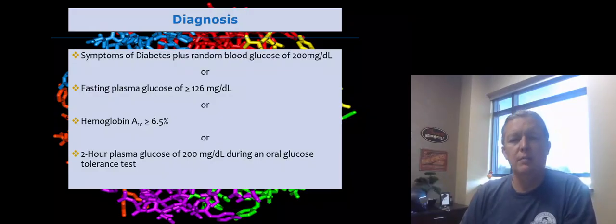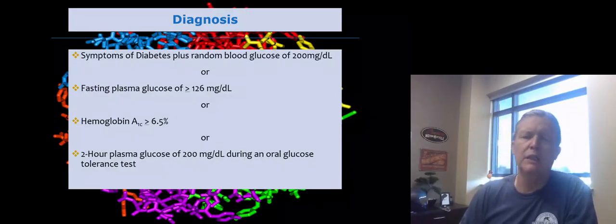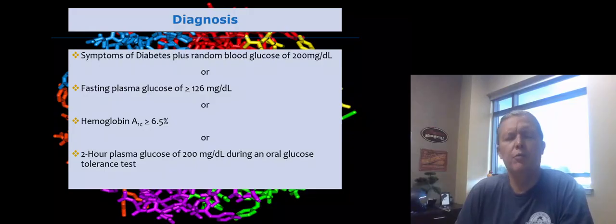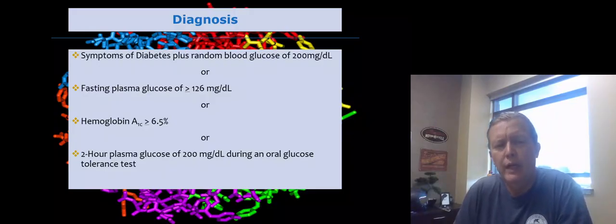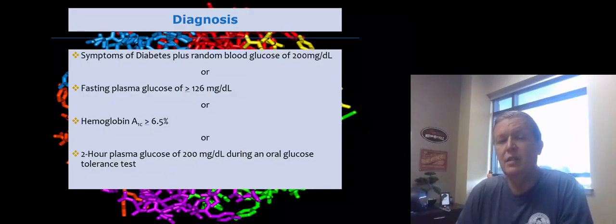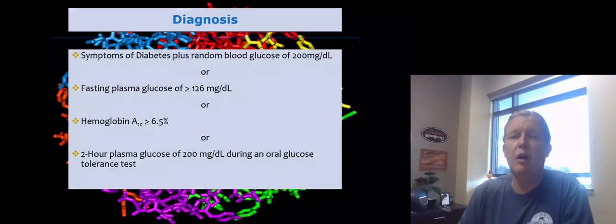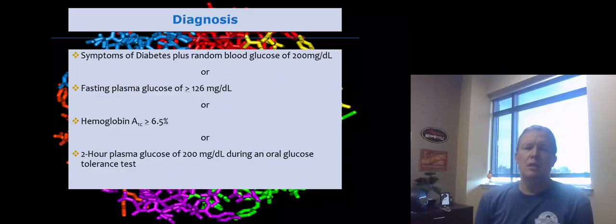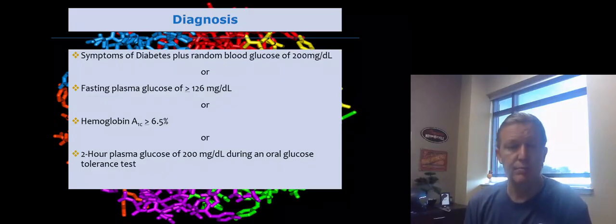Or they report a symptom, my vision is funny, my feet are tingling, there's no other explanation, they rule out other causes, for example. Those are all ways, and you'll see later the symptoms of diabetes are pretty broad. There are lots of things that can be early manifestations of diabetes, so a whole cacophony of symptoms that could potentially be associated with diabetes, and you'll understand why as we get through this content.